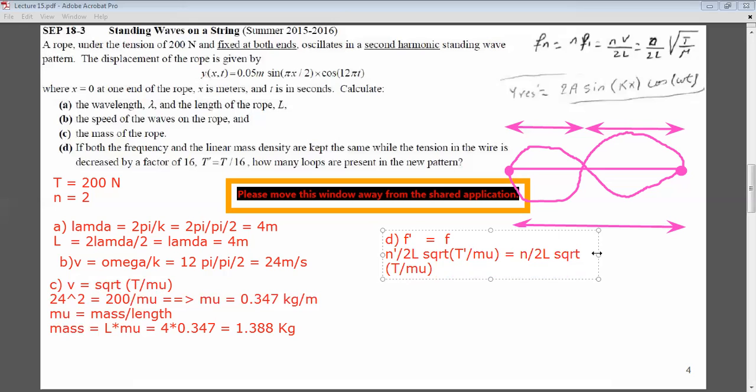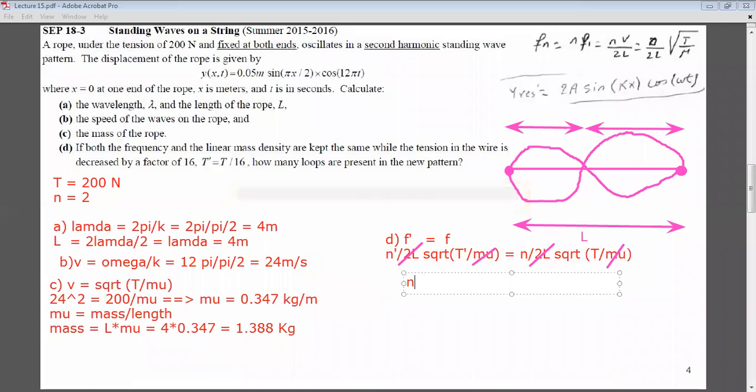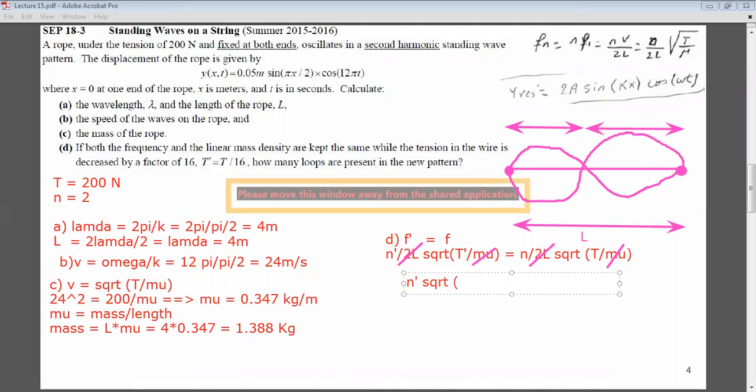Let's cancel a few terms. The 2L and the 2L cancel out, and the mu inside the square root cancels with the mu inside the square root. Now I have n prime times the square root of, instead of T prime, T over 16, equal to n times the square root of T.